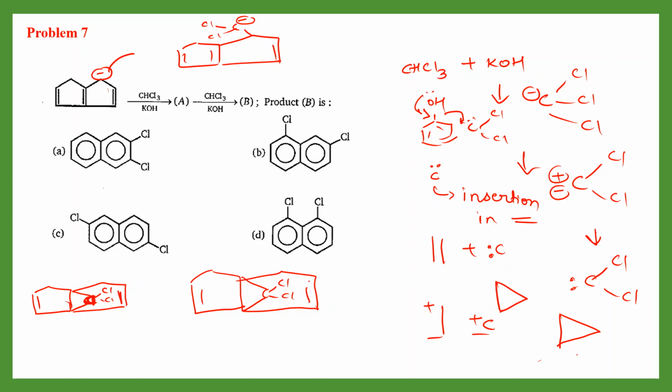Okay, I'm giving you a hint. Now the base is there. The base can abstract a proton from here, correct? The base will come here. Now among these two, this bond and this bond, which is going to break among 1 and 2?